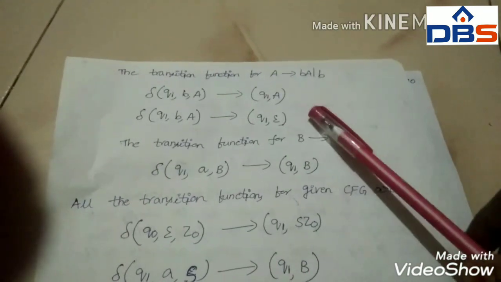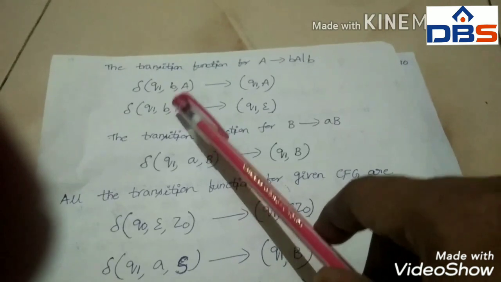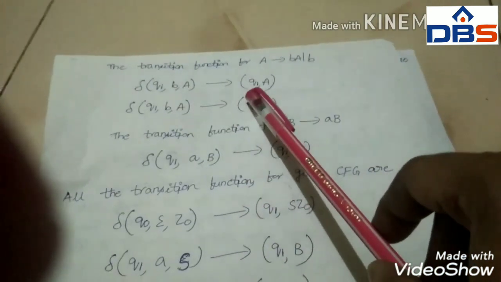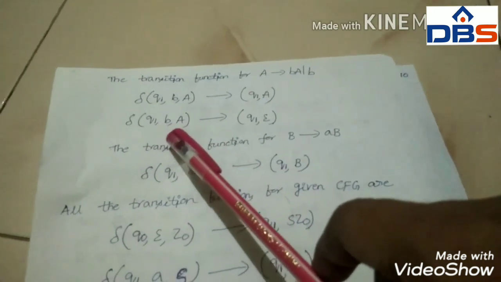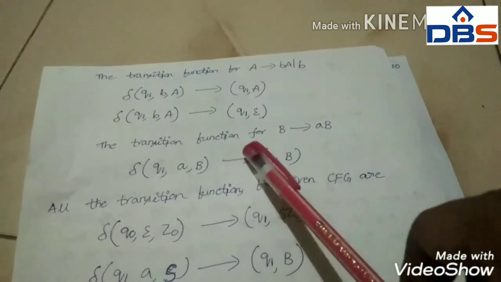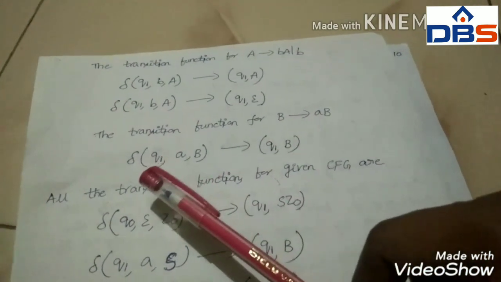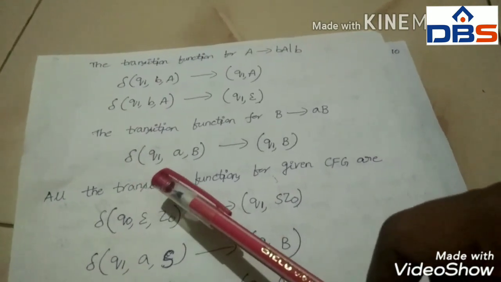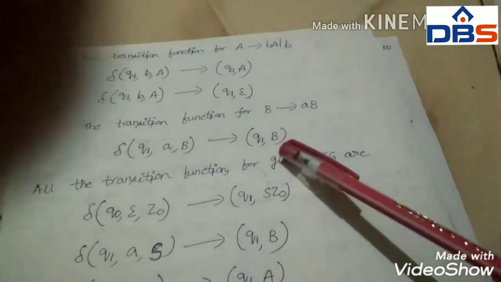Next, the transition function for A tends to BA or B: delta of q1, b, A goes to q1, A, and delta of q1, b, A goes to q1, epsilon. The transition function for B tends to aB: delta of q1, a, B goes to q1, B, meaning the next state.